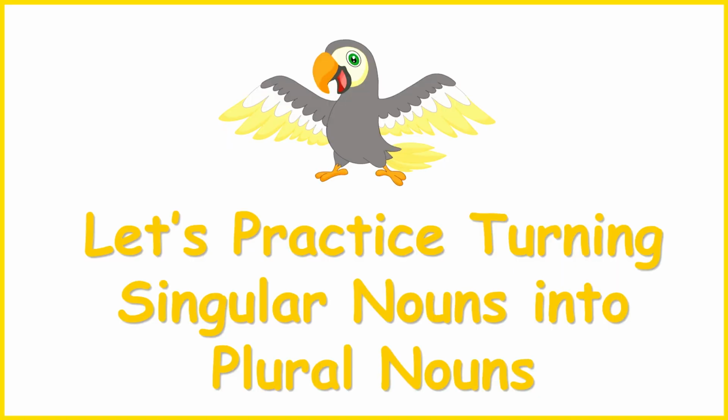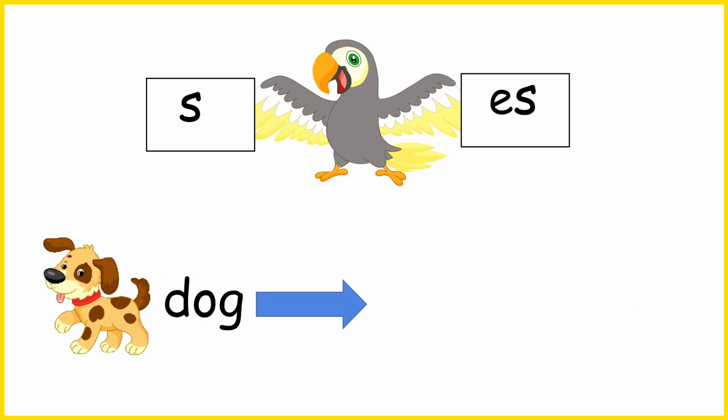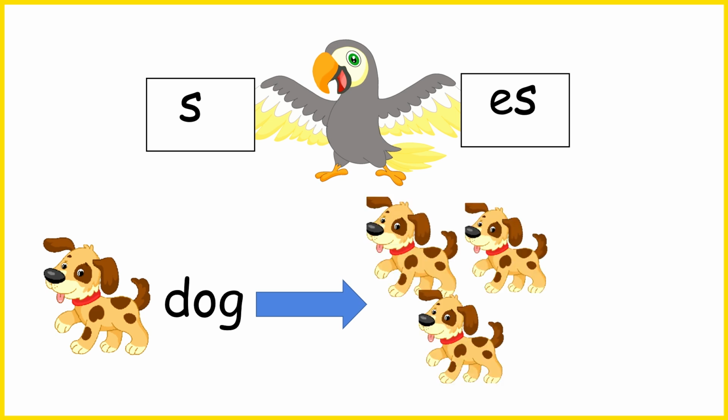Let's practice turning singular nouns into plural nouns by adding S or ES. I have one dog. What should I add if I want to turn the dog into dogs?